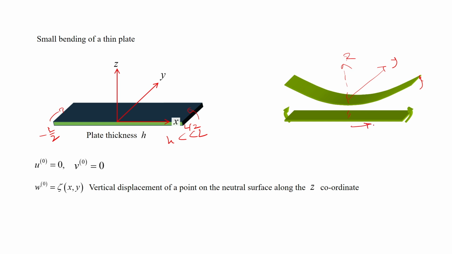So this is the x axis and this is the z axis, and this bending happens about the y axis, and because of that, what happens is something like this. If I magnify this cross section, this is the cross section over here, and there is a neutral axis. When you bend, this portion goes up.